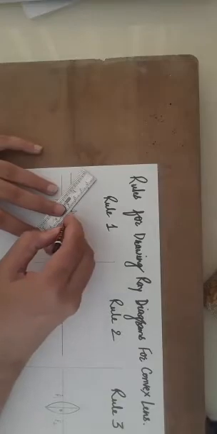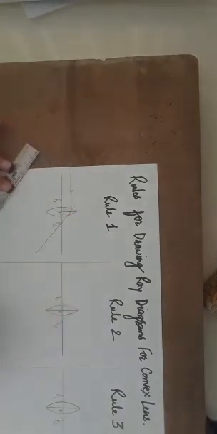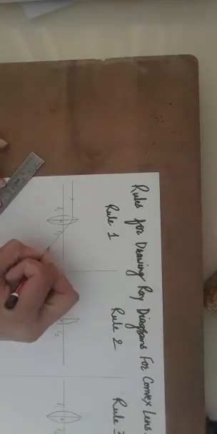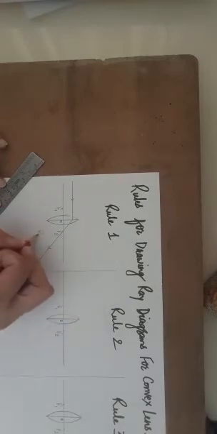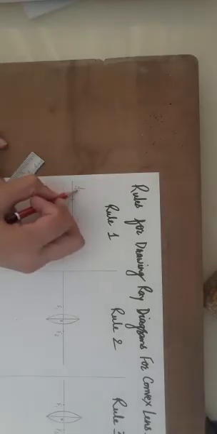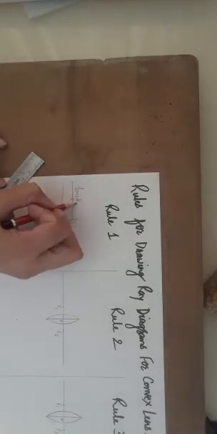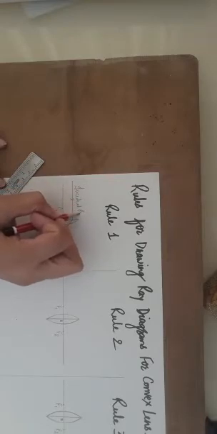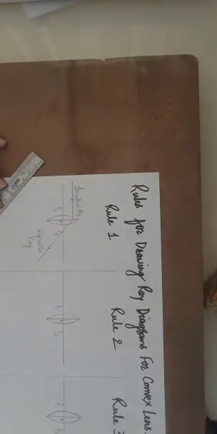So you have to make it pass through the focus. So here this is the refracted ray. And this is the incident ray. So this is the first rule.